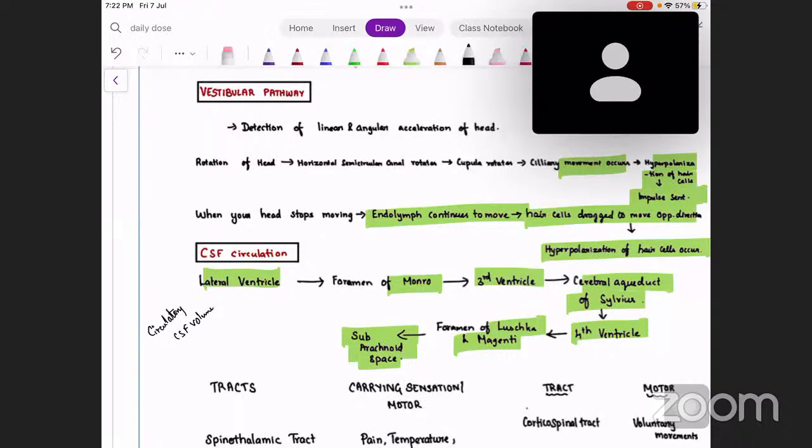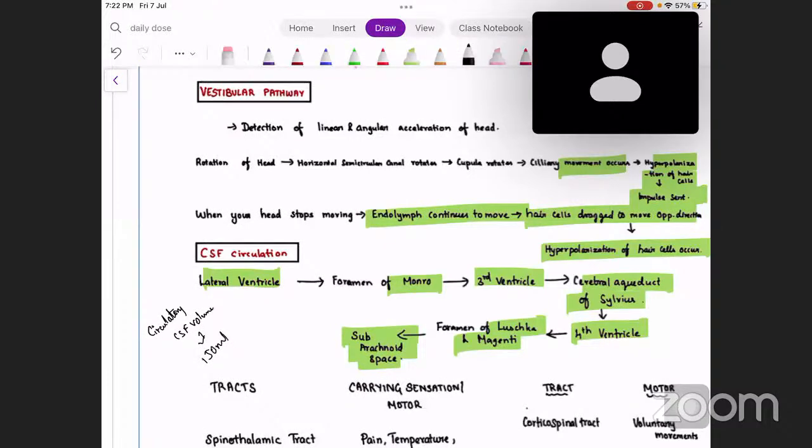Answer it faster, people. How much amount of CSF is produced and how much amount of circulation is happening in the CSF? Very good. Circulatory CSF volume is 150 ml.